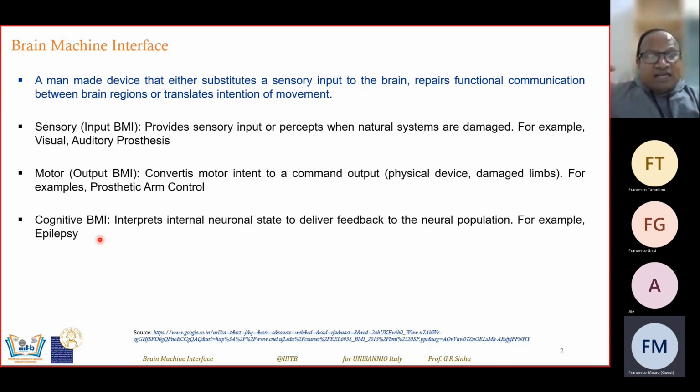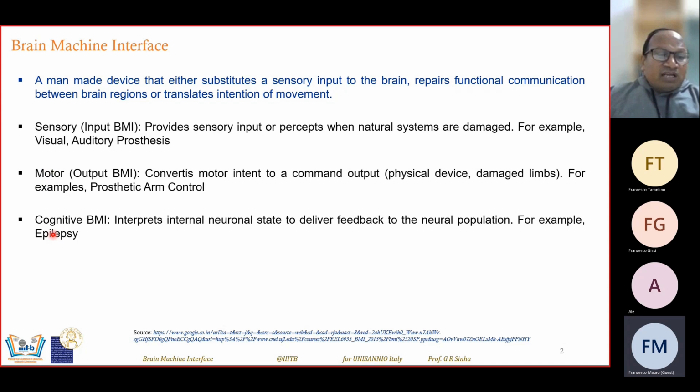We are trying to understand the normal EEG signal and normal brain signal, and then what is abnormal inside. So the natural capability in terms of communication and translation has been damaged, has been reduced, and we are trying to repair it in the case of epilepsy.